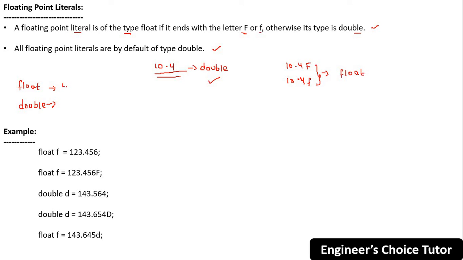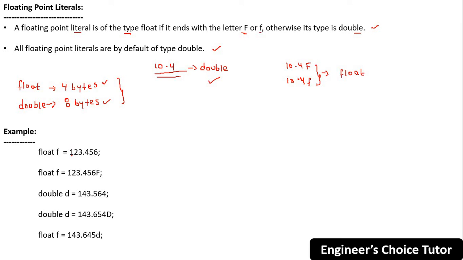In the last lecture we covered that it is 4 bytes, right? And what is the size of the double data type? 8 bytes. You have to take this into consideration now, and remember this.